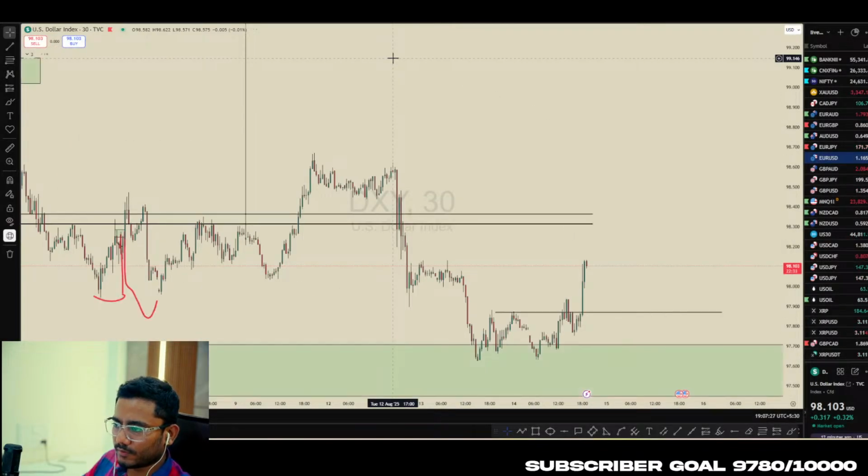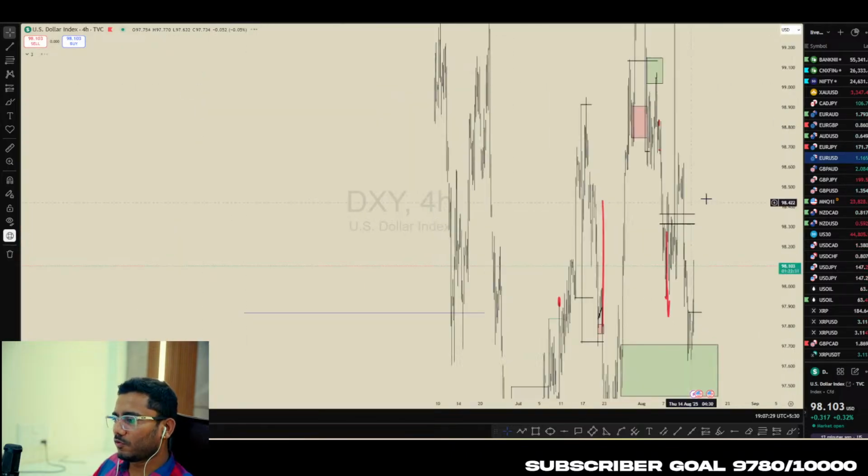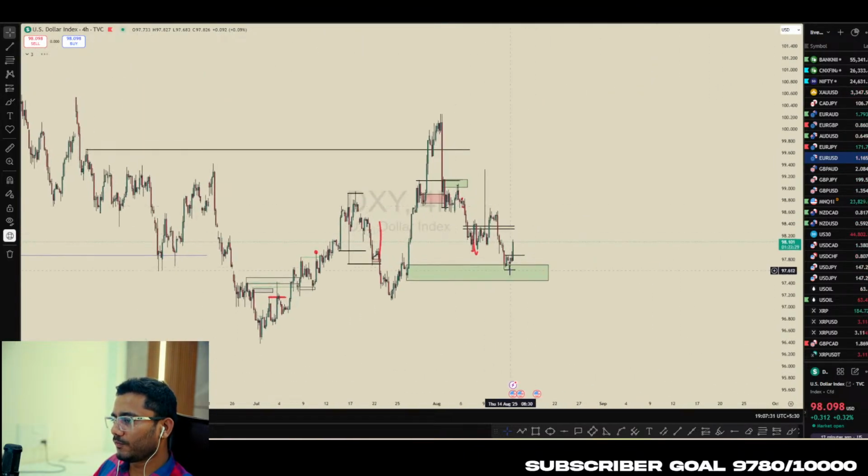If you look at DXY, price has tapped this 4-hour imbalance, like a 4-hour order block. And from here, this is where a big move starts to the upside.